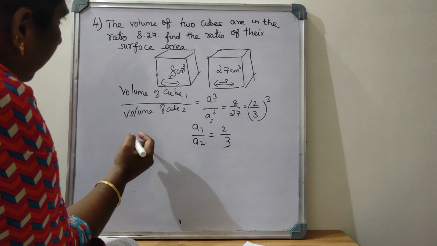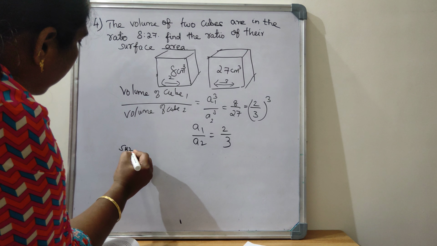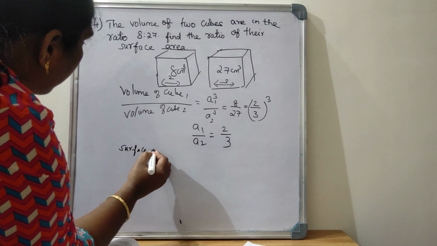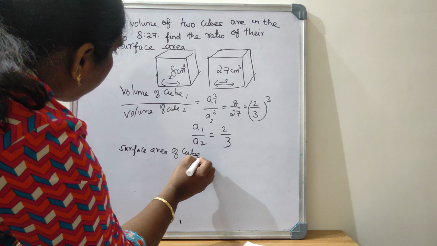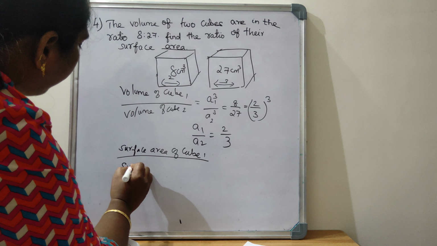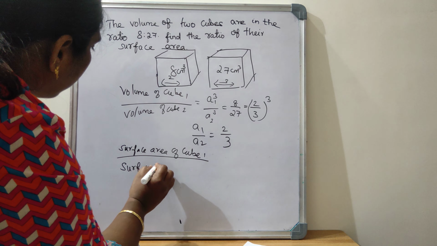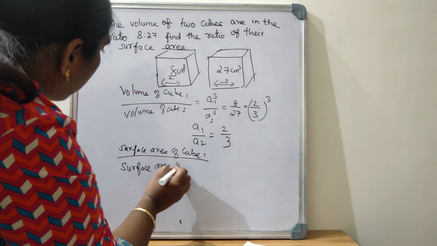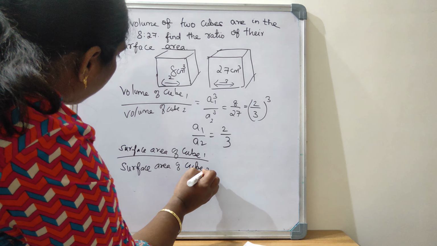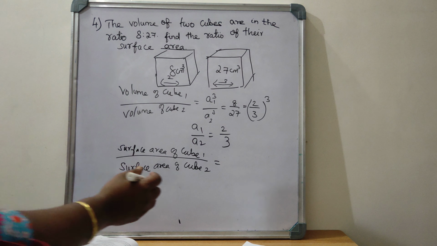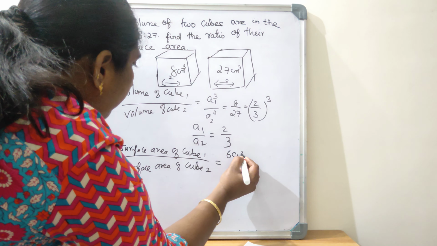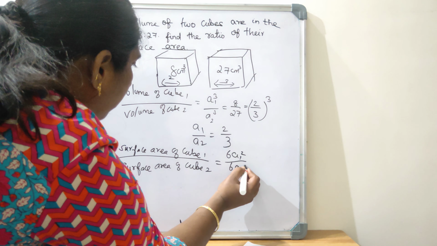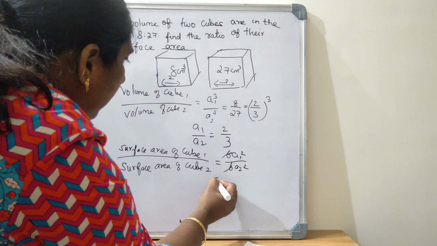Now we are going to find the surface area. Surface area of cube 1 by surface area of cube 2, that equal to, surface area formula is 6A1 square by 6A2 square. 6 gets cancelled.